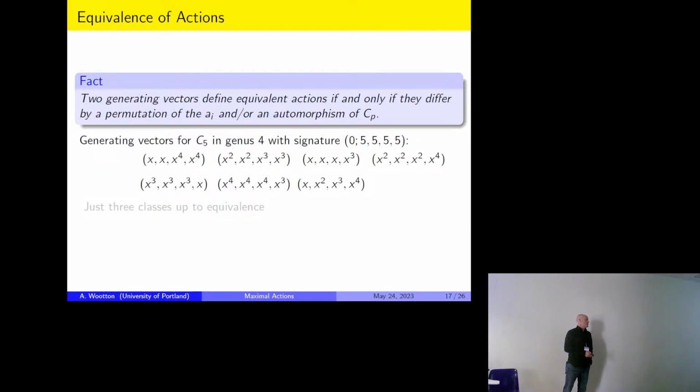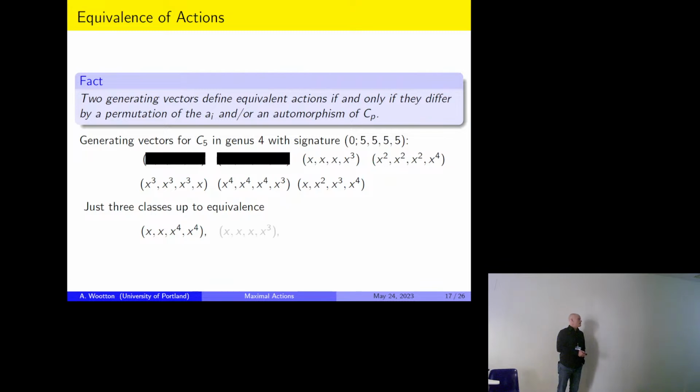So once again, returning to our example here, we have these 7 different generating vectors, and there are actually just 3 of these up to equivalence. The first one is this, because notice if I apply an automorphism here, then this one is equivalent, and it's also equivalent to this one here if I send x to x squared, so that eliminates those.